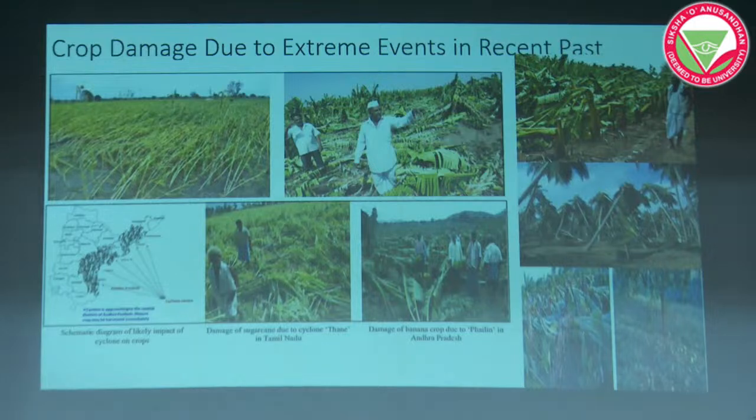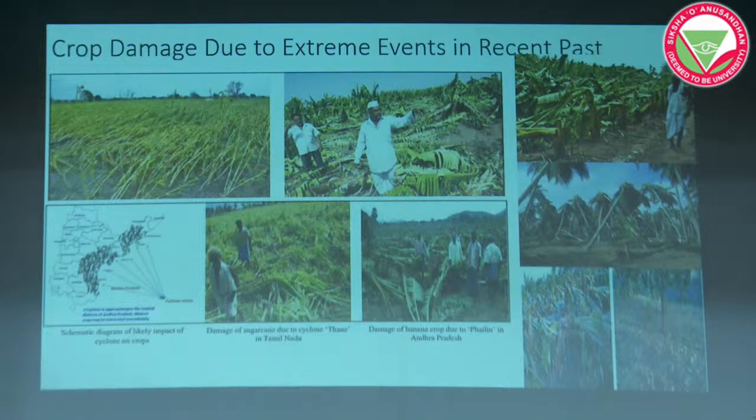When we go to the local scale, we have seen that when a cyclone is coming or any other climatic variability will be there, farmers in the rural areas don't know what to do.